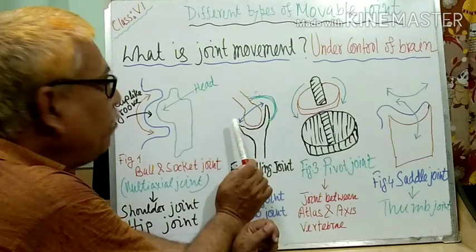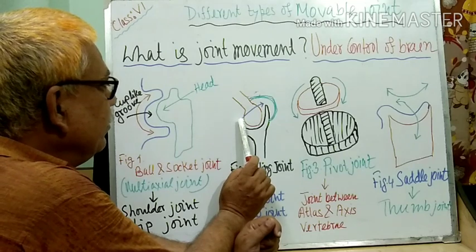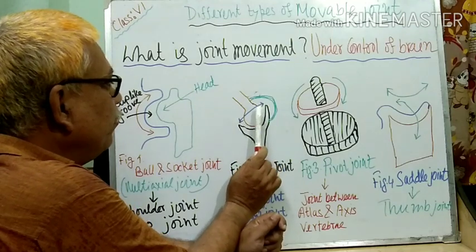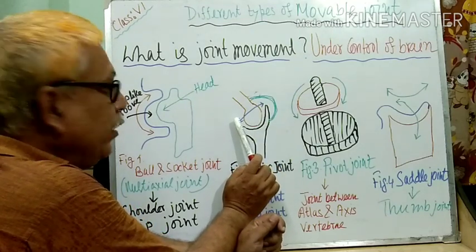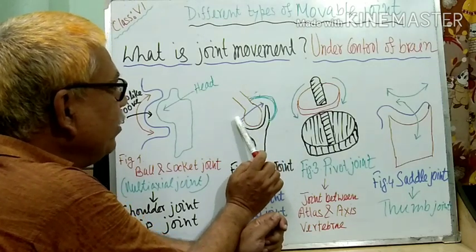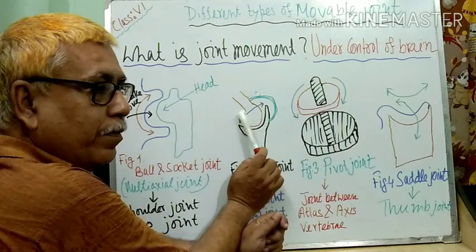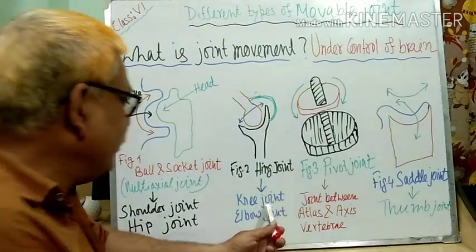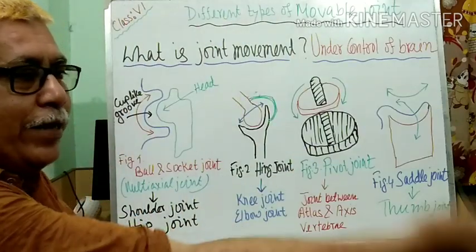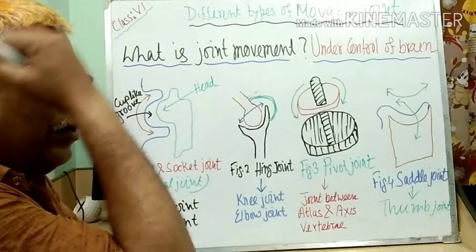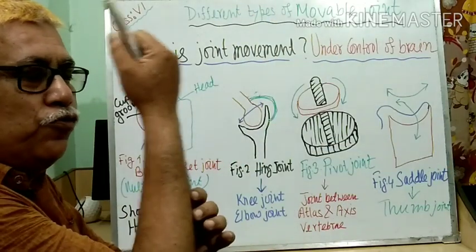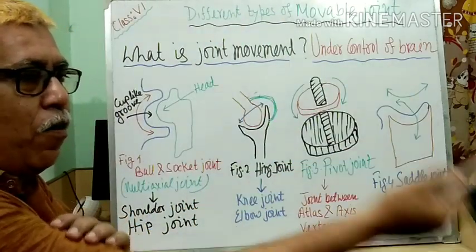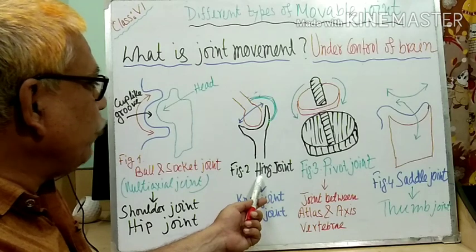It permits the participating bones to move in one direction only, like a hinge. Example, knee joint and elbow joint. We can move these two arms in one direction only. So this is a hinge joint.